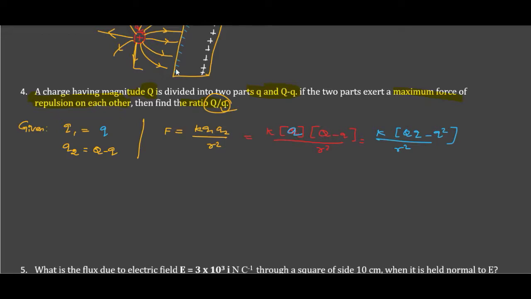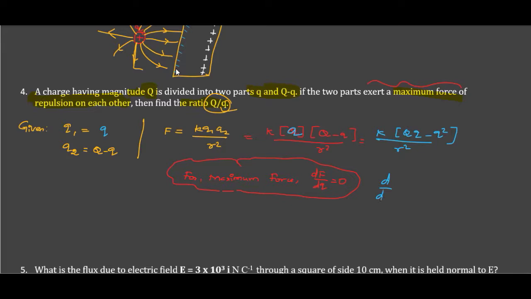But the one condition given is that it exerts a maximum force of repulsion. So we study it for maximum force, which means dF by dq is equal to 0. Based on this condition we are going to solve.